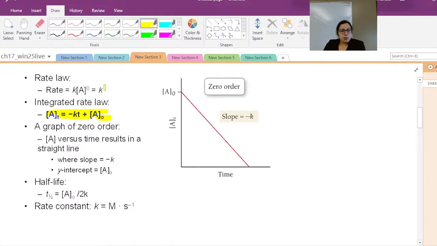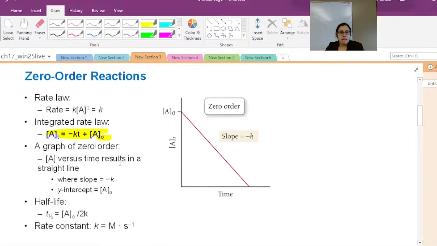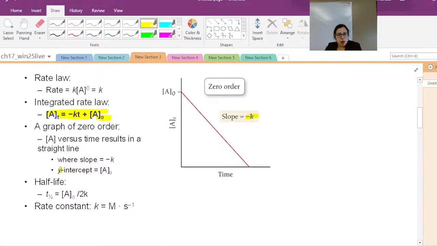Again, in the problems we'll be looking at, you're mainly figuring out whether to use this equation or this equation, depending on how the problem is set up. And then you can appreciate the graph, of course. Our zero order graph, time versus concentration, is just a linear slope equal to negative K.